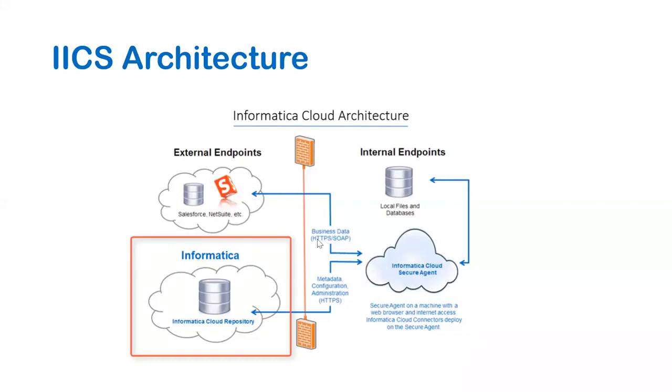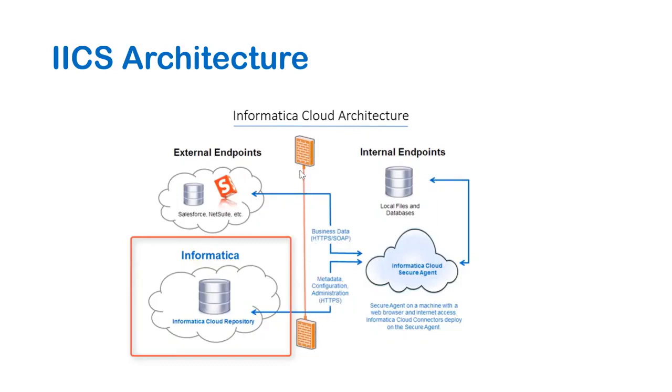You can see the HTTPS protocol, right? We have the business data, not metadata. This is the metadata: configuration, administration, all of this goes over HTTPS. This one is the firewall.